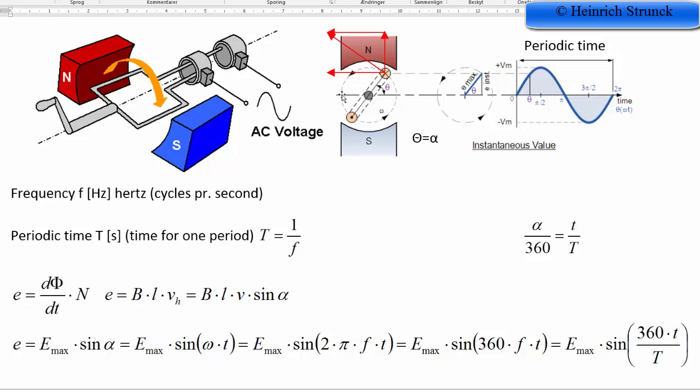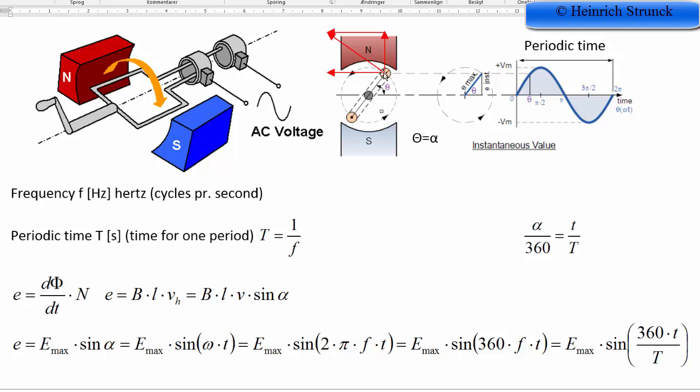At 180 degree, then again we don't cross any magnetic lines, so the voltage is 0. And here again we cross magnetic fields as a maximum, but now it is the south pole, so the voltage is negative, and here we have 0 degree again.